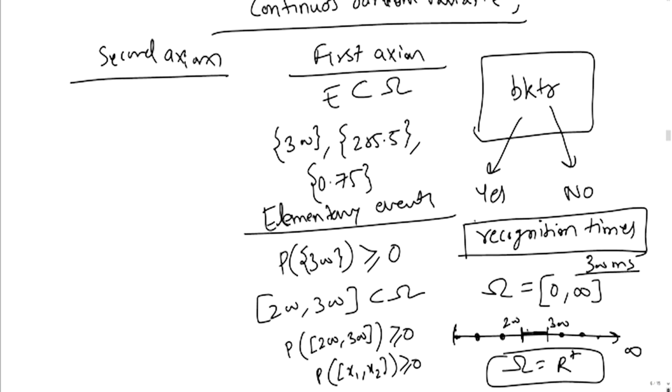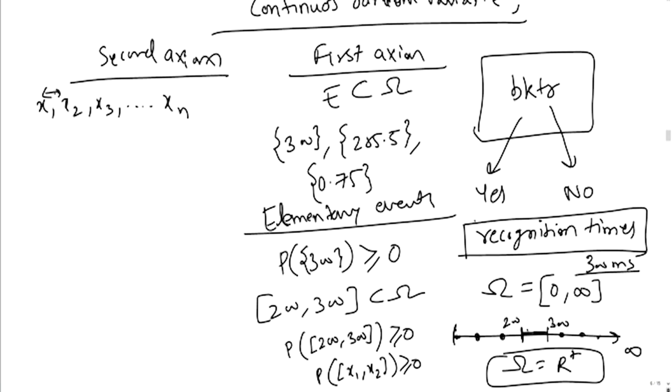Then what would the second axiom give you? Let's say x1, x2, x3, xn are all the points on the real number line. How many points would there be? Actually infinite. So this n is infinite. How many points would there be between x1 and x2?